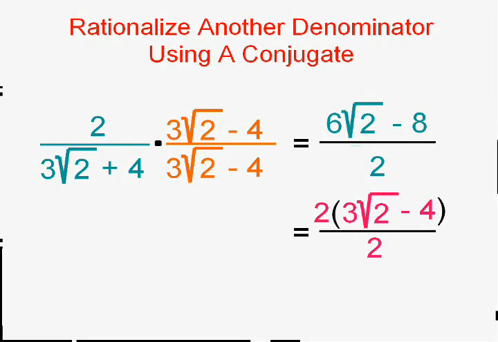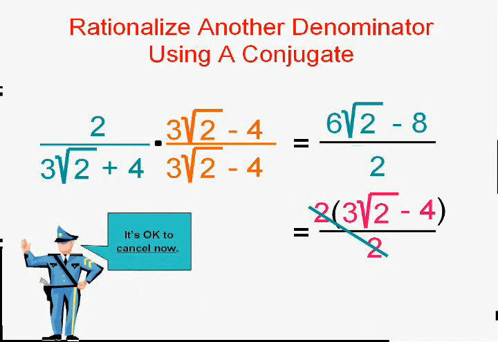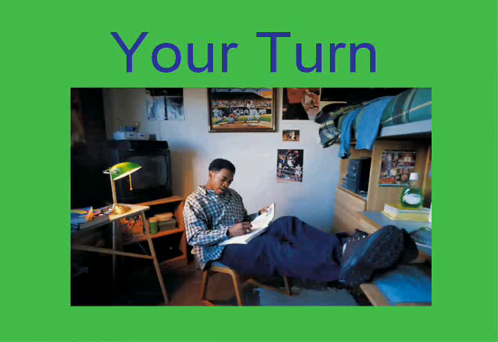Take a 2 out of 6 radical 2 and you get 3 radical 2. Take a 2 out of 8 and you get 4. Now you can cancel, because you can cancel things that are multiplied. You just can't cancel things that are added. And I believe you've done it again. We've got an answer. Okay, that's about as hard as it'll get. So, you're going to need to practice. Get off and go to work.